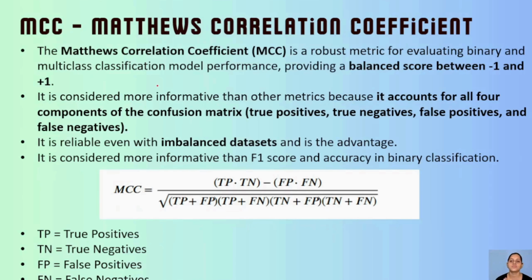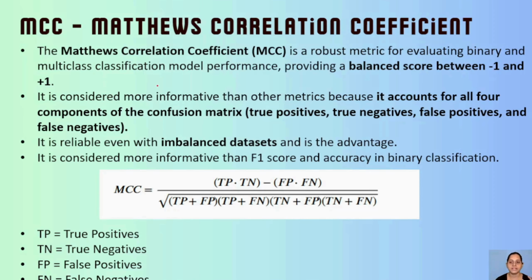Then we have Matthews correlation coefficient, MCC. MCC is a very good metric, and it is useful for evaluating both binary and multi-class classification performances. It is going to give you a score between -1 and +1.